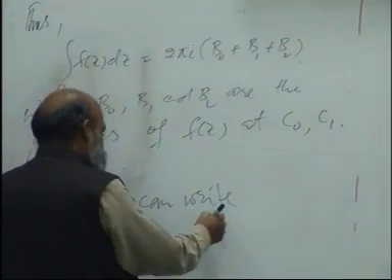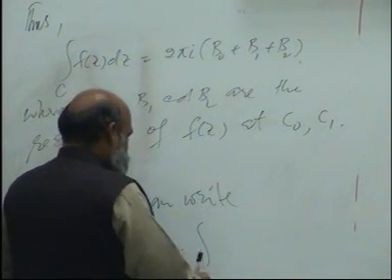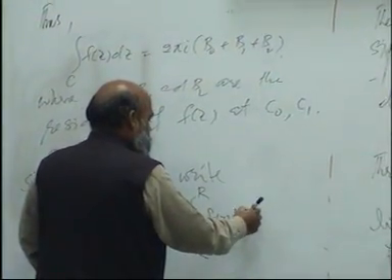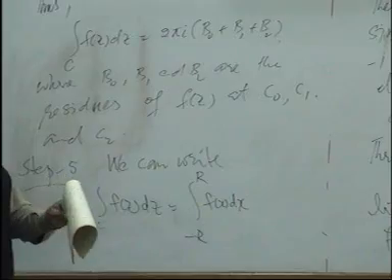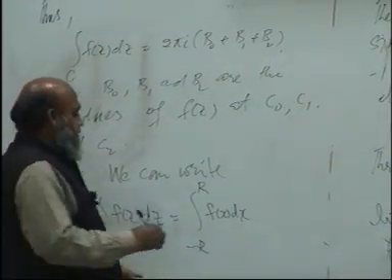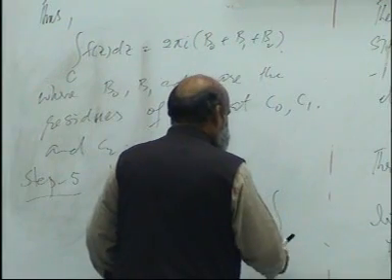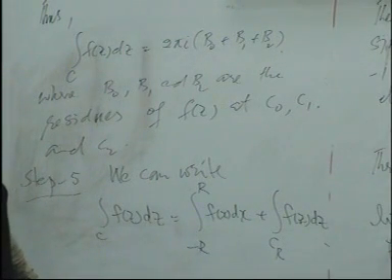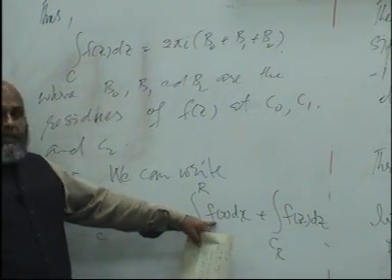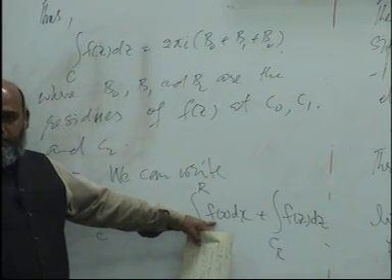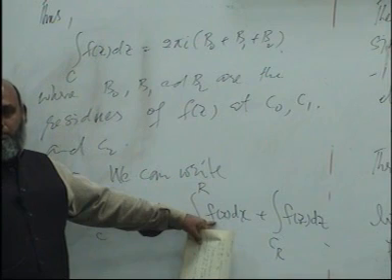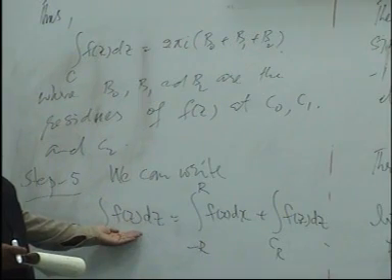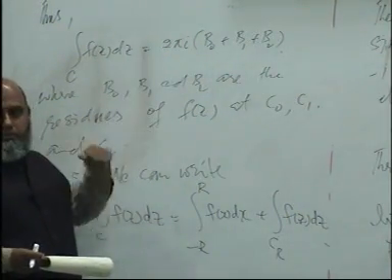So we can write this integral over the line, that is from minus r to r of f of x dx, because on this line f of z and f of x are equal, whereas over the contour CR it will remain f of z. This f of z here is replaced by f of x, because on that line both are equal.